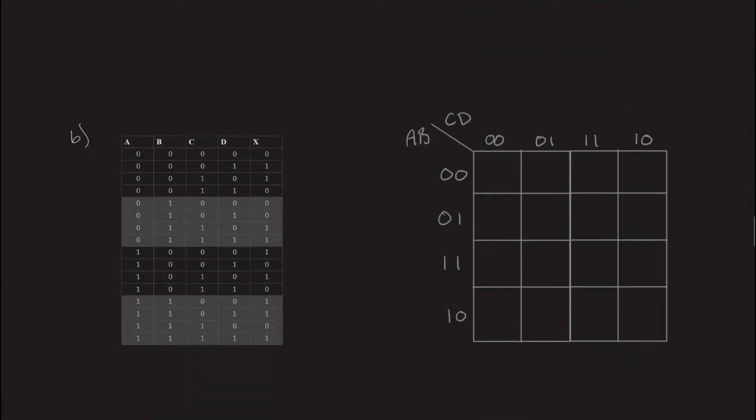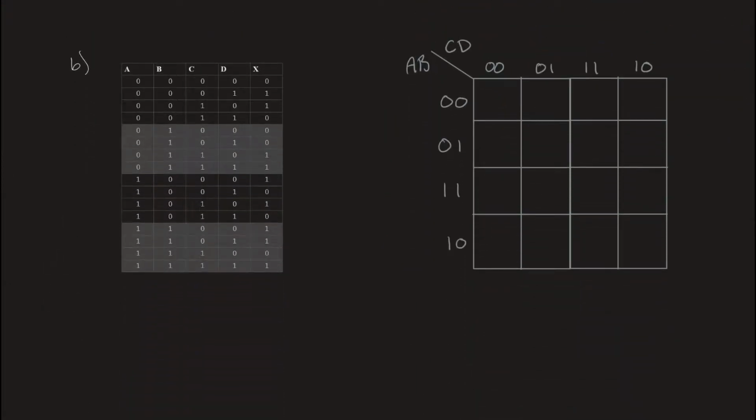Next up. Alright, so we've got a 1 at 0, 0, 0, 1. At 0, 0, 1, 0. At 0, 1, 1, 0. At 0, 1, 1, 1.